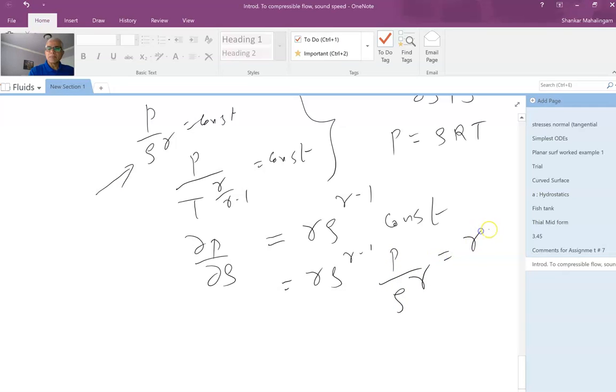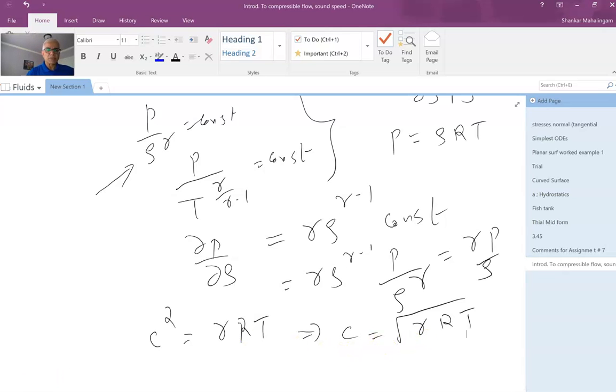So this is simply gamma P over rho, and gamma P over rho I can write as simply gamma RT. All right, so C squared equals gamma RT. In other words, the correct speed of sound is the square root of gamma RT, and gamma has a value of about 1.4, and that actually explains the 20% difference that was mentioned earlier.